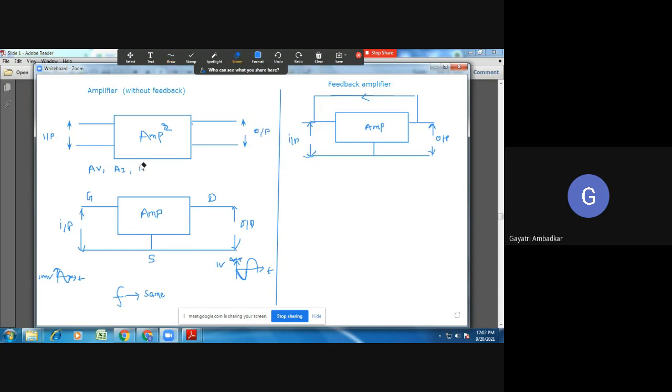So in general, for another type of amplifier, I'll be using the corresponding term.